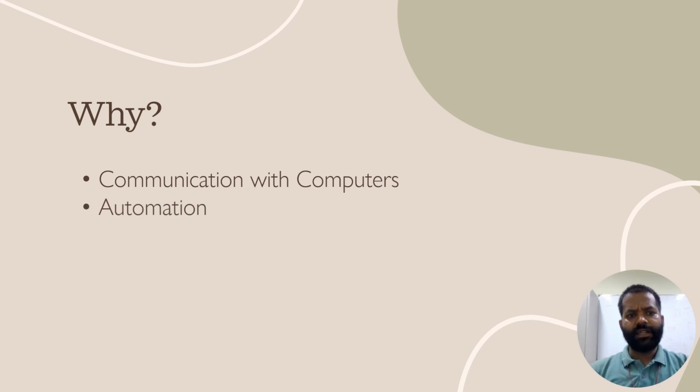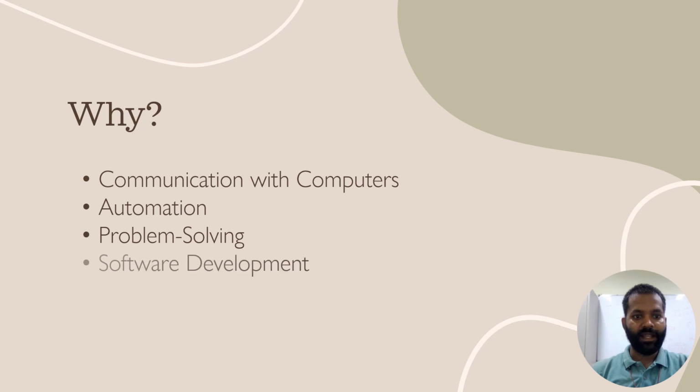Another reason: whenever a certain task is there, and we want to automate it, like daily at 5 p.m. just repeat this task at a particular time, then we need automation. In that also, we can use the programming language. There are different problems that we can finish with the help of computers and programming languages. So that's one of the reasons. Software development, everyone knows what software is, right?